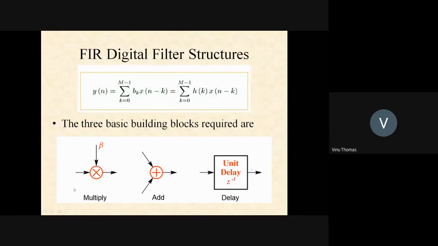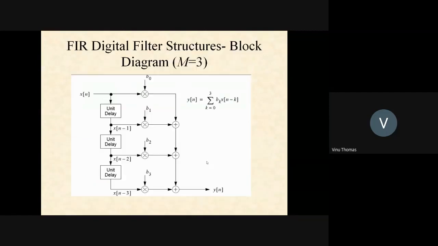This will include 3 basic units. The first unit is a multiplier, where the signal is multiplied by a constant beta. Then you will have an adder, and then the unit delay element. The FIR digital filter structure will be a combination of this multiplier, adder, and delay structure.